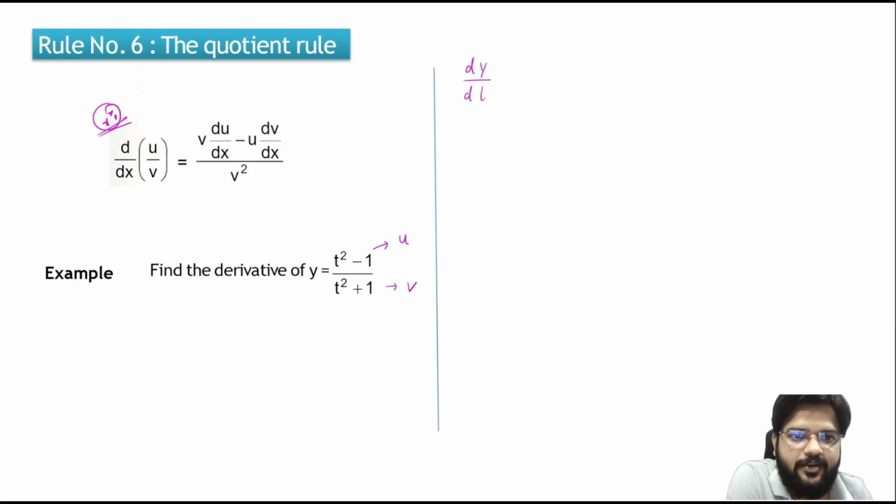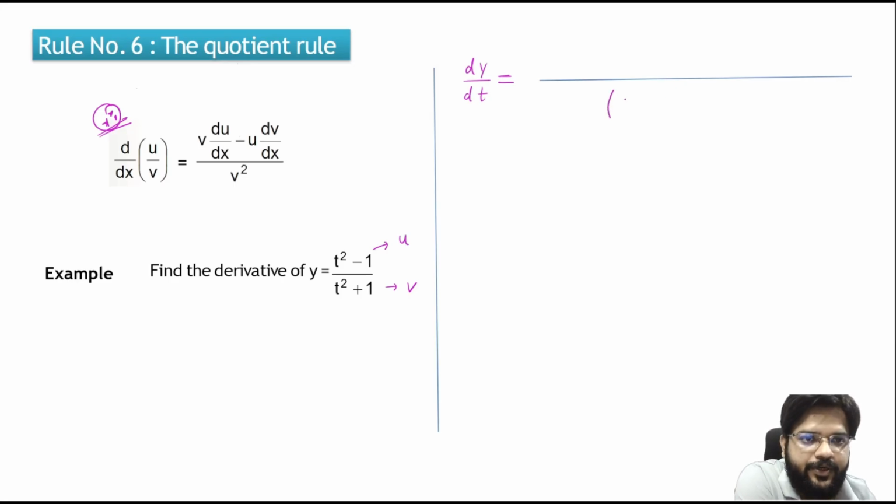dy by dt equal to, correct, equal to, so here we want to do differentiation. So what we will do, the denominator function we will write in the denominator and we will square it here.